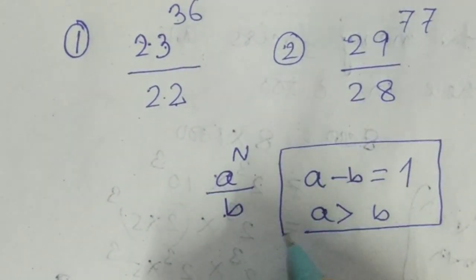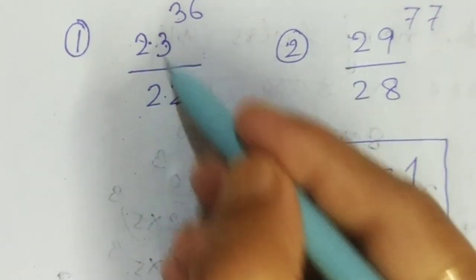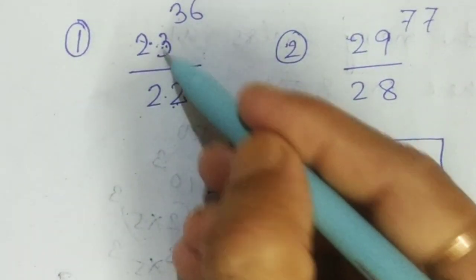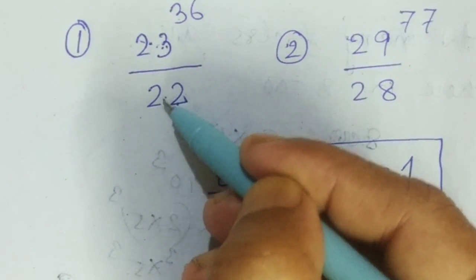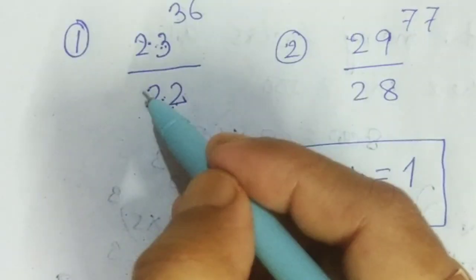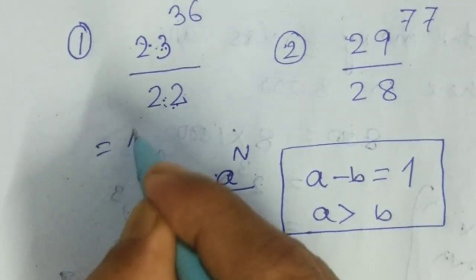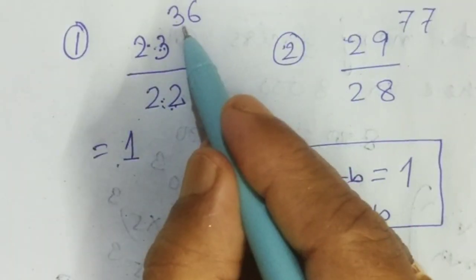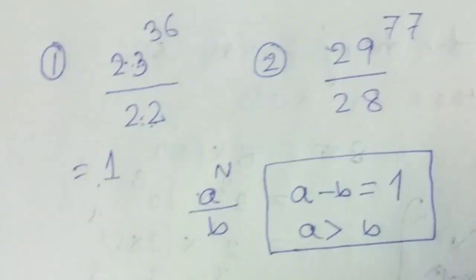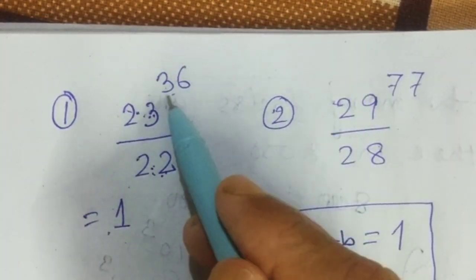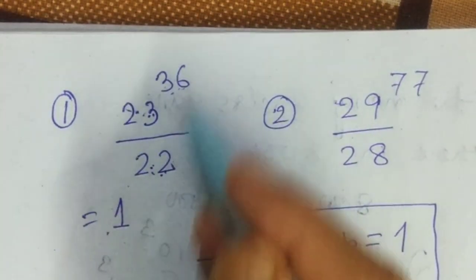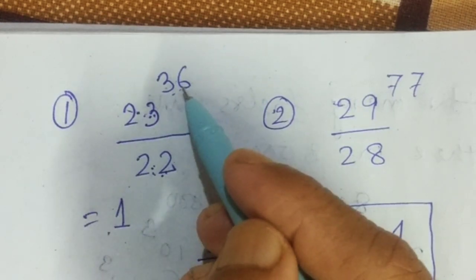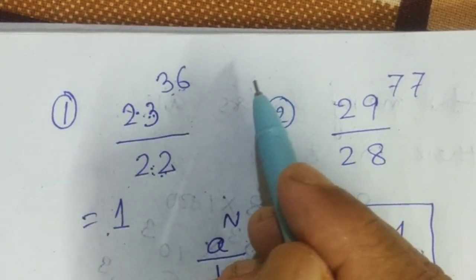If this is the condition, a is greater than b and the difference between them is 1, then in this case the remainder is always 1. The power does not matter, because here the power is 36, even power does not matter. Whether it is even or odd, the power does not matter.